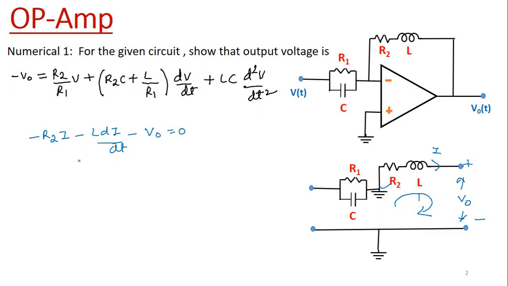Now we transfer V0 to the right hand side. We get V0 is equal to minus R2 into I minus L di by dt. This is equation number 2.